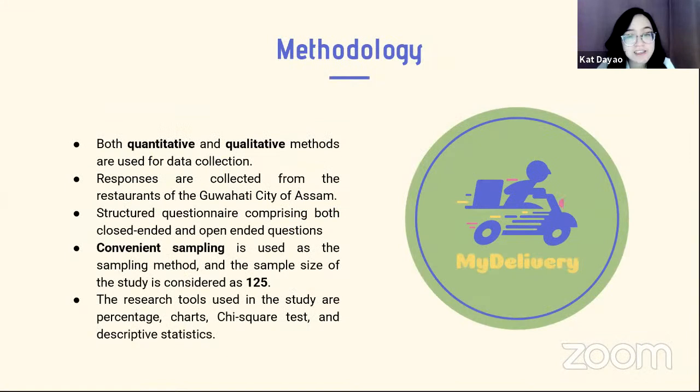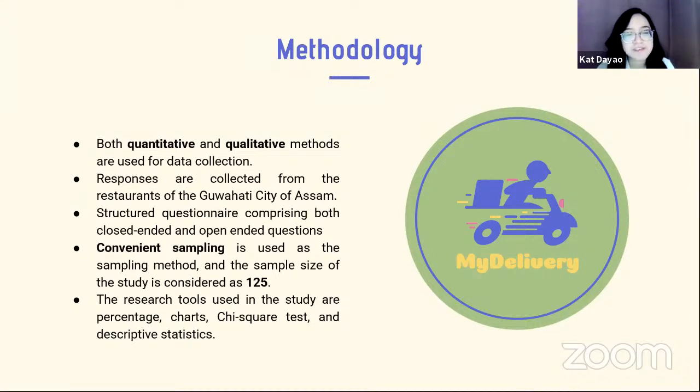The present study is exploratory, and both quantitative and qualitative methods are used for data collection. The study analyzes the responses collected from the restaurants of Guwahati and attempts to find out the benefits and problems arising in the process. The data is primary in nature and collected with the help of a structured questionnaire comprising both closed-ended and open-ended questions.